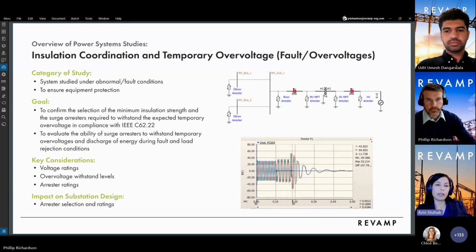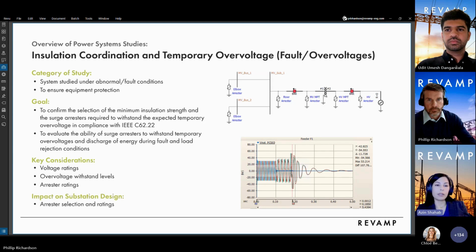The next study that we're going to discuss is insulation coordination and temporary overvoltage. These studies are performed considering the system is under abnormal or fault condition to ensure that the equipment is well protected.